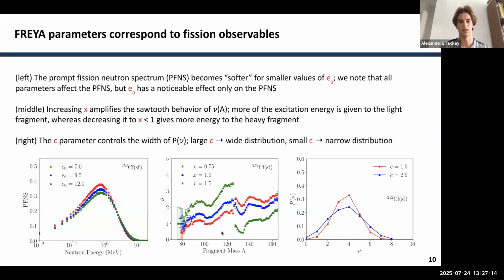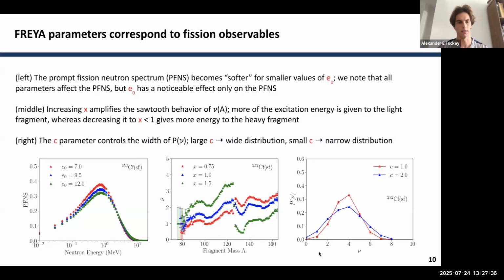Conversely, if we reduce x to below 1, now we're giving more of the excitation energy to the heavy fragment. And so it now emits more neutrons on average than the light fragment, creating this kind of a more linear trend in red.